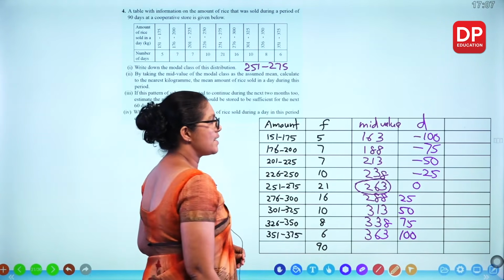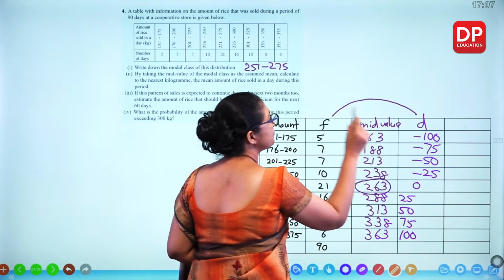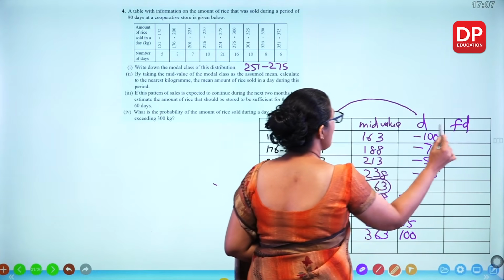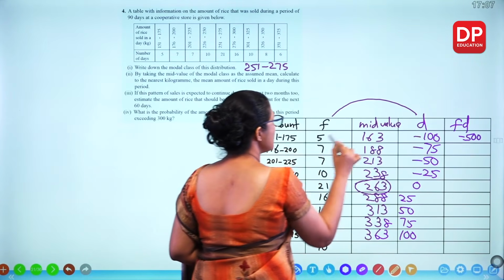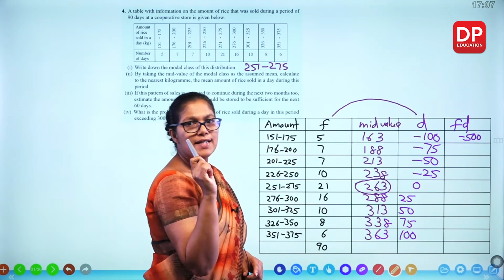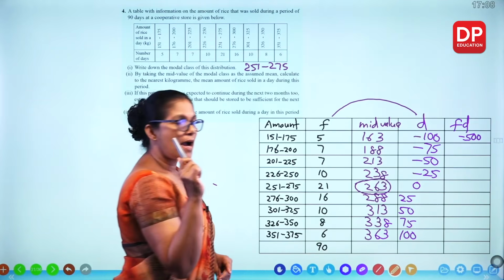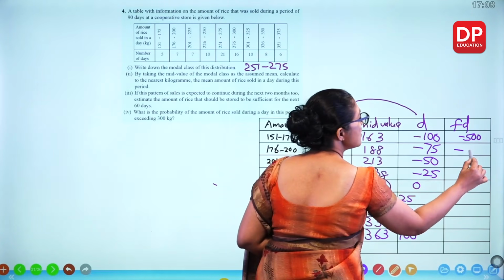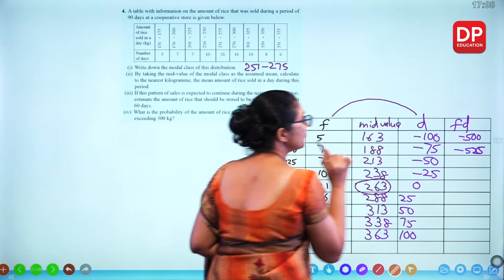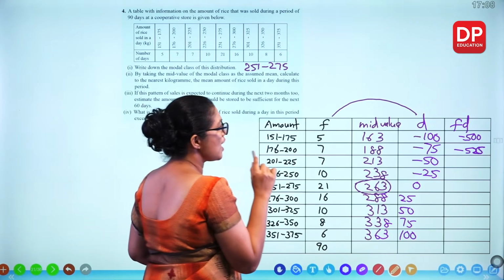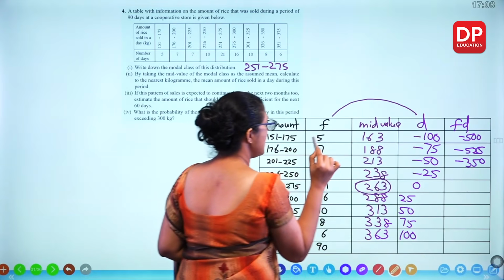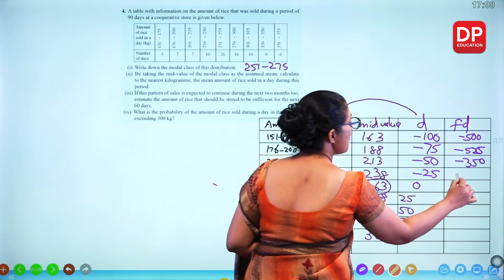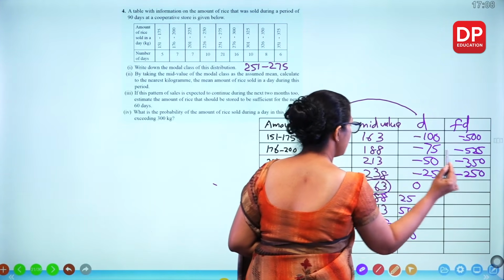Now multiply f and d. 100 times 5, minus 500. 75 times 7, minus 525. What about the other one? 50 times 7, 350. 10 times 25, minus 250.